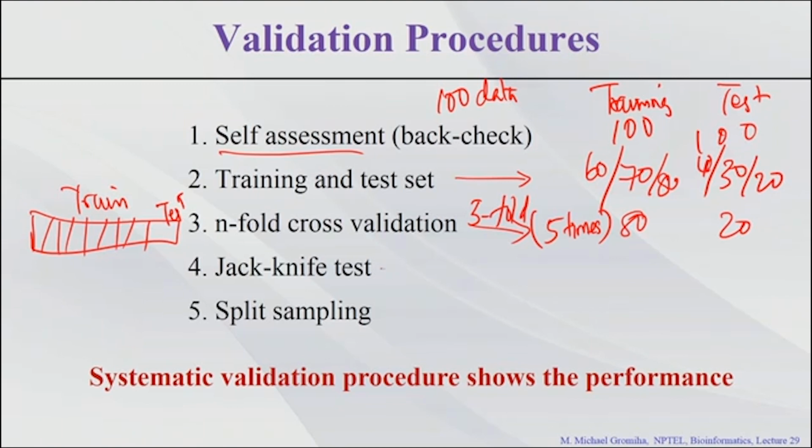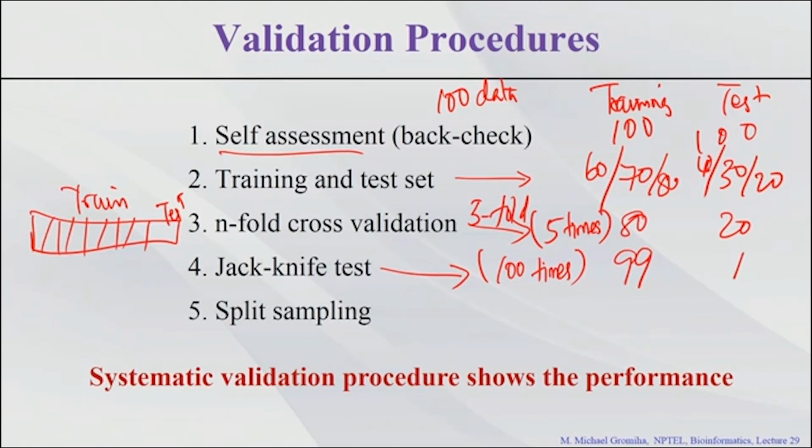The more rigorous one is the jackknife test. In this case, with 100 training data, take 99 to train and 1 to test, and repeat 100 times. Then you get all the outputs and see the performance compared with the experiments.